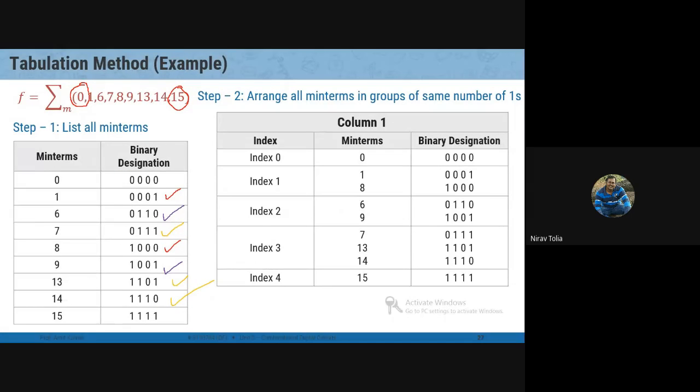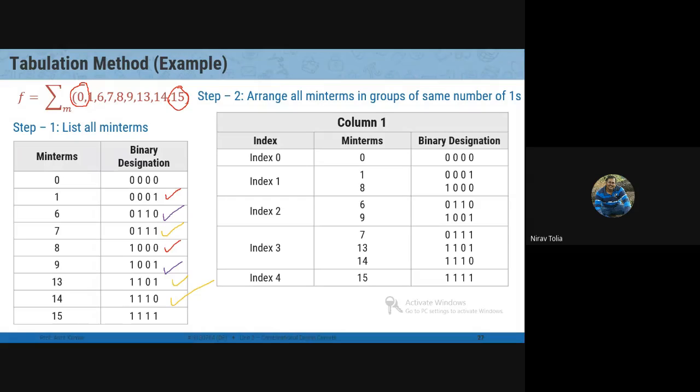Does anyone have any doubt in column 1? Again, I am repeating, what is rule 1? We have to list all the min terms which are given in the example and convert those min terms into their binary representation of group 4. Then we have to make groups of those min terms.